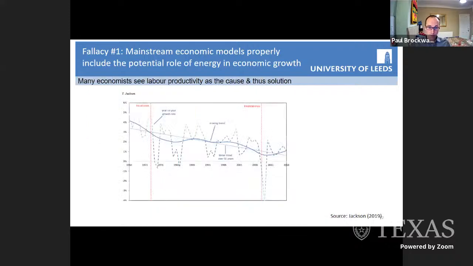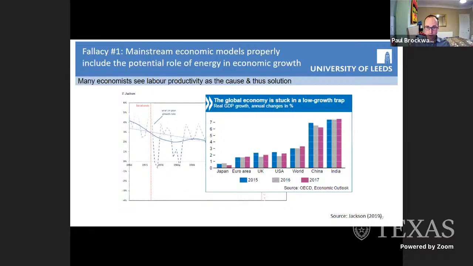And so with that, when they start to look at reductions in GDP in large OECD-type economies, they think, okay, what could be the reason for that? And they start to look at labor productivity as the cause and therefore the solution. Although there's an interesting point as to whether the global economy itself is stuck in a low growth trap, whether you and I would actually call this a low growth trap when, at the world level, even in 2015, 16, 17, before the recent COVID stuff, we were at a world GDP growth of 3% per year.